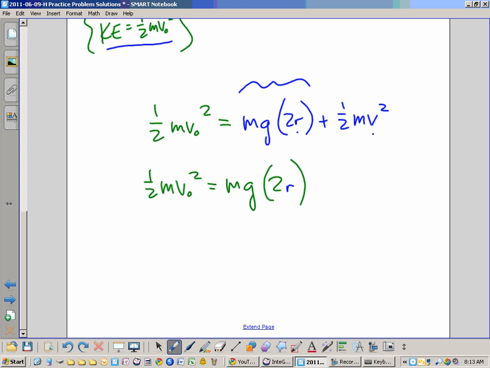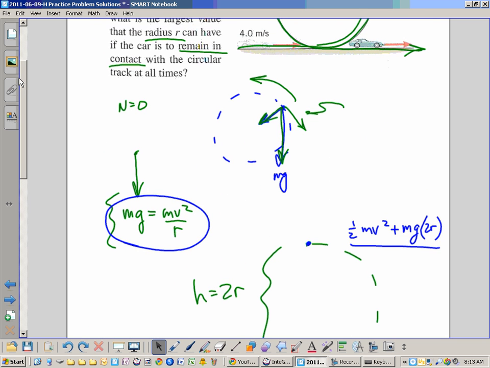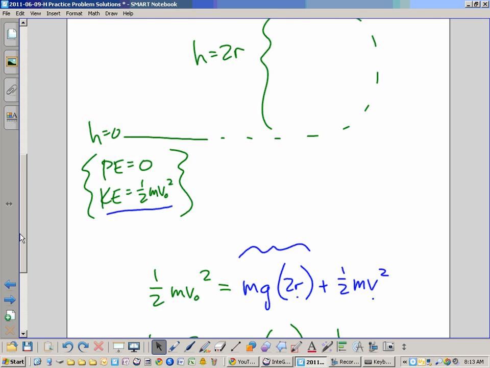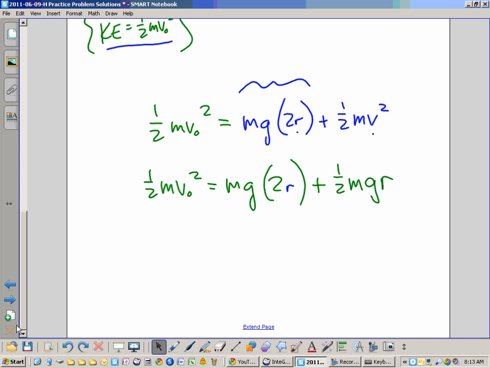That's what we're solving for, plus 1/2 m, and instead of v squared, we're substituting gr. Nope, that's not squared, because remember it was v squared that's equal to gr. So that's our straight substitution. Yes, we do want our r in blue, both the first one and the last one.